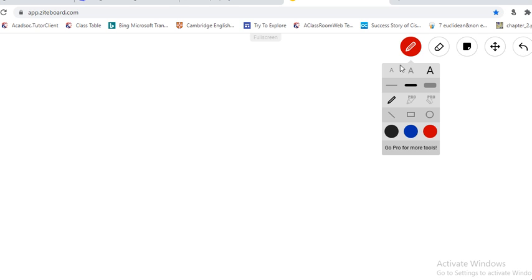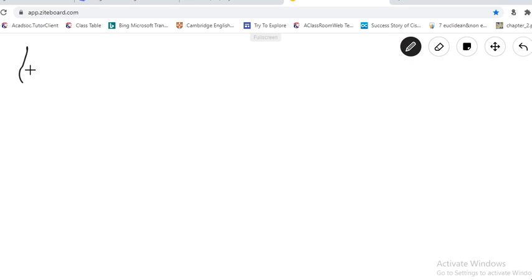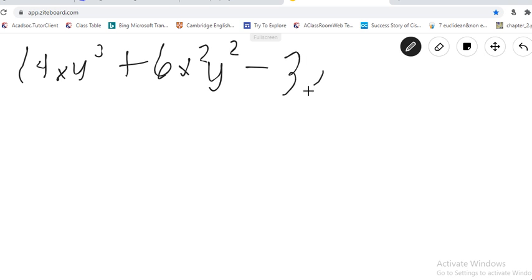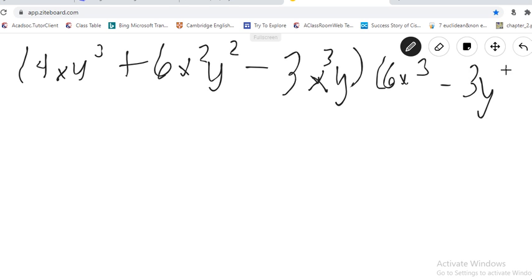Okay? So let me write the given. Oh, that is red again. Okay, so that is 4x y cube plus 6x squared y squared minus 3x cube y, this is x, sorry, multiplied to 6x cube minus 3y cube.